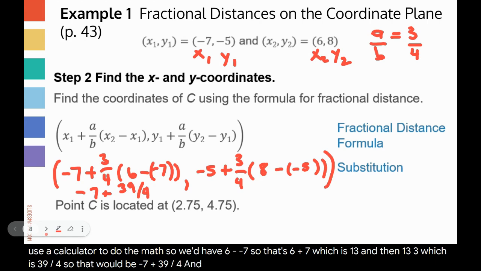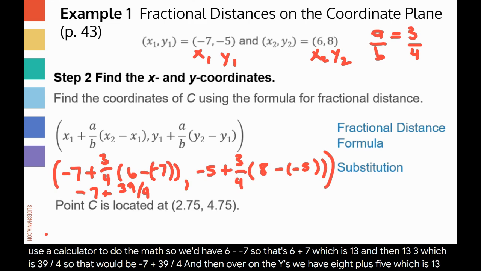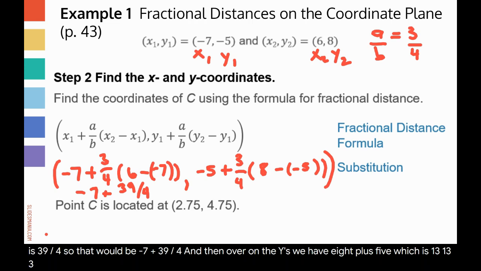And then over on the y's, we have 8 plus 5, which is 13. 13 times 3 is 39. So we've got -5 plus 39/4.